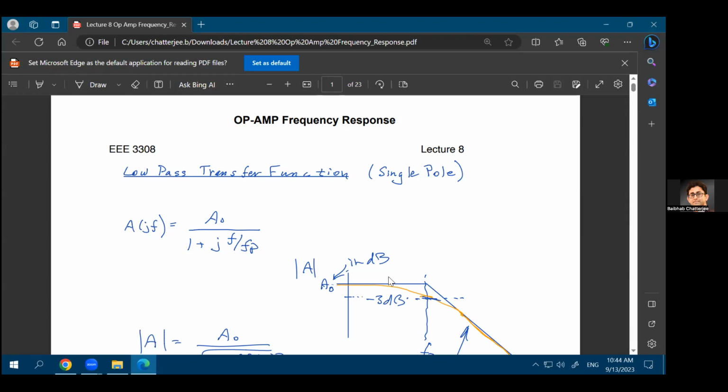Similarly, if you're talking about an inductor, the impedance of an inductor is j omega times L. So this is the device that you are working with, an inductor or a capacitor, and the impedance of the inductor or capacitor is either j omega L or 1 over j omega C.